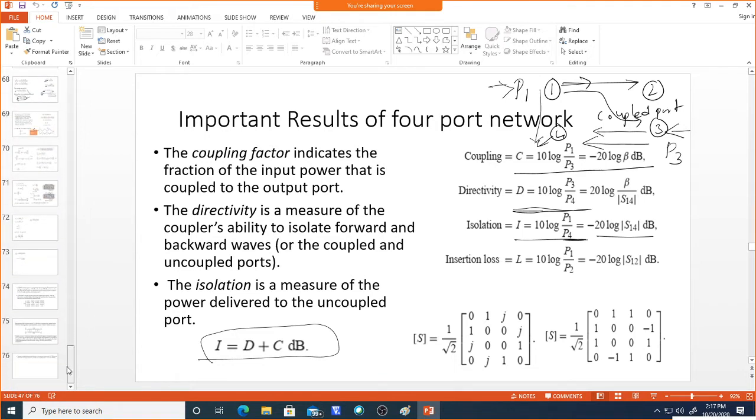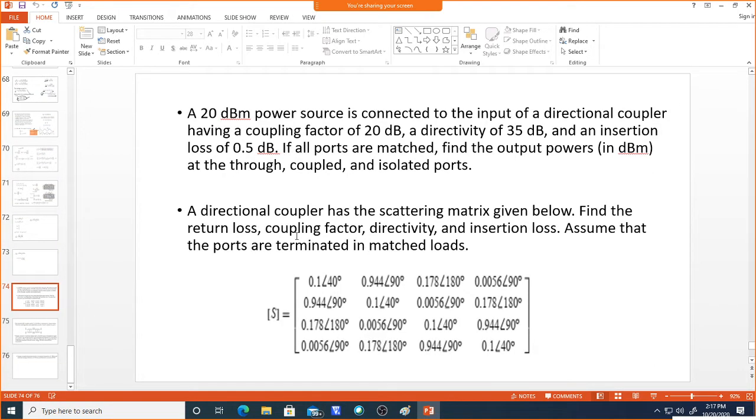So try to find the coupling factor, return loss, directivity and insertion loss.